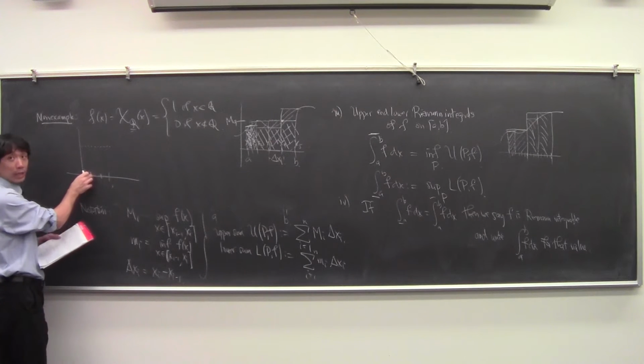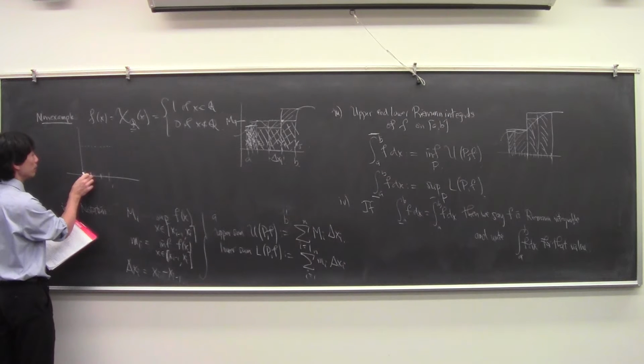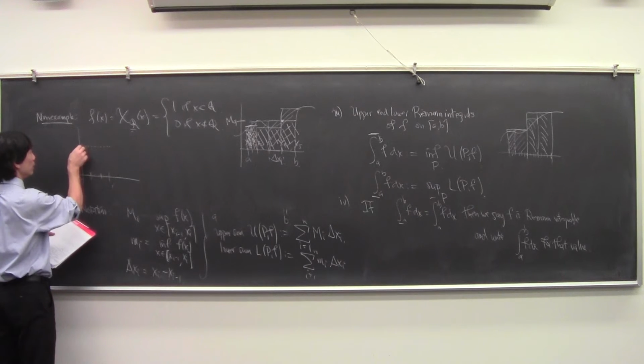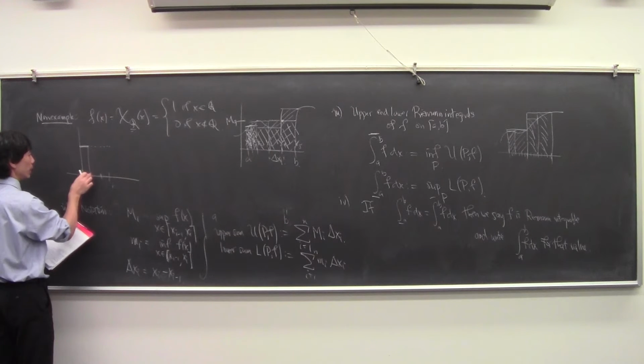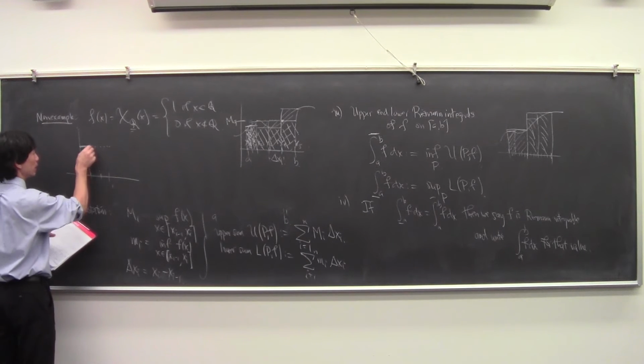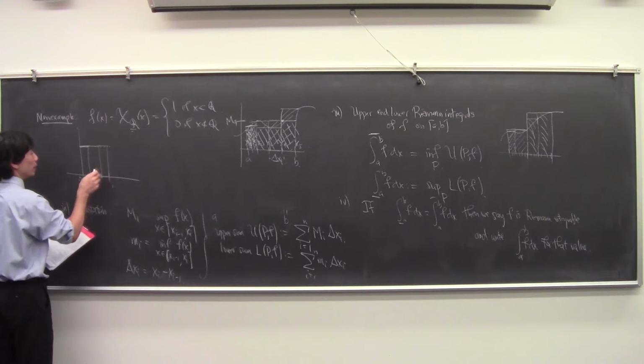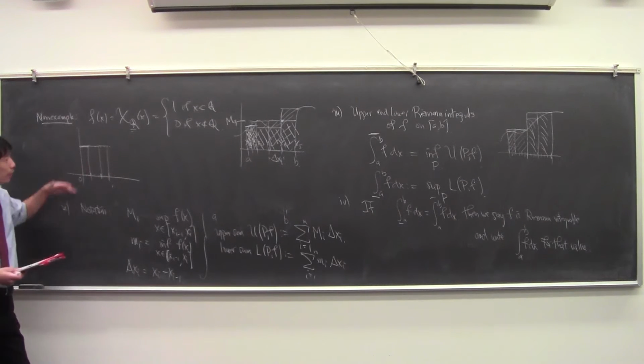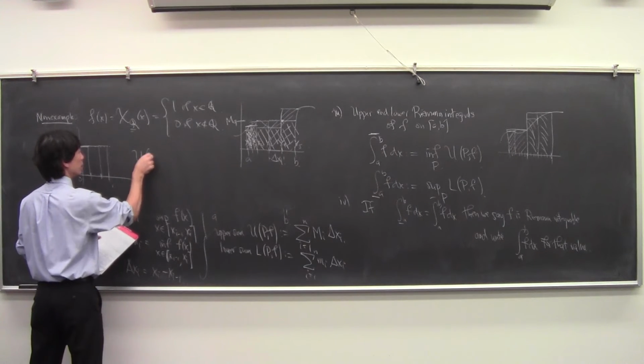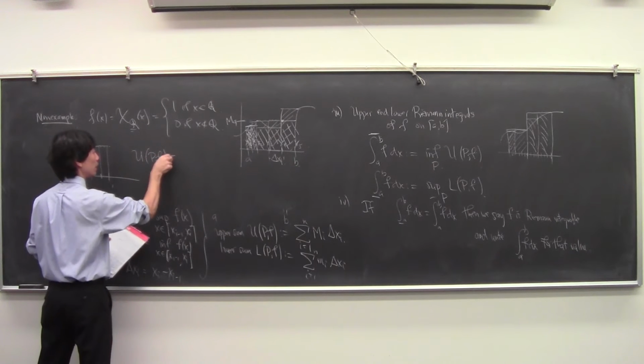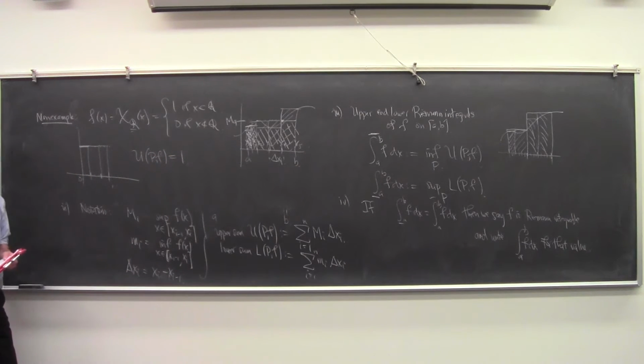Well, any interval is going to contain rational points, so you know that the value is going to be 1 there. You multiply that by the width of the base, do the same thing on each of these guys here, and what you see is that the upper sum for this function, for whatever partition you take, is always going to be 1.